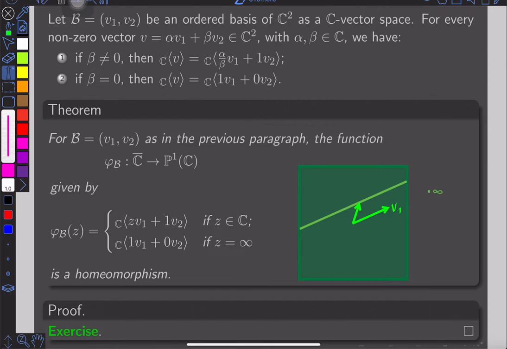And what happens is that, for instance, this gives me an element of the complex projective line. By this I mean I'm just sketching a one-dimensional vector subspace, and you see this point.